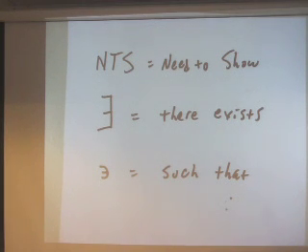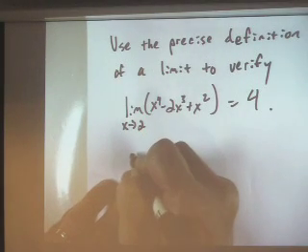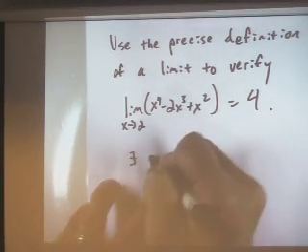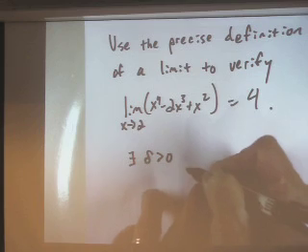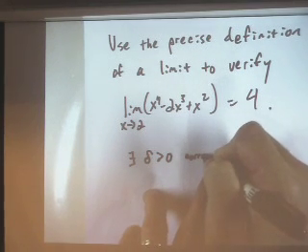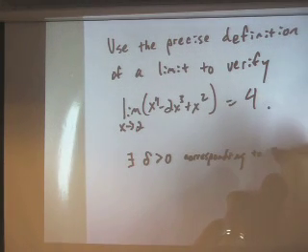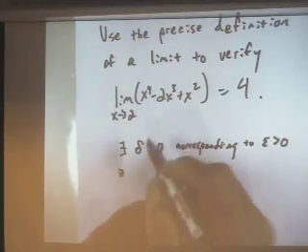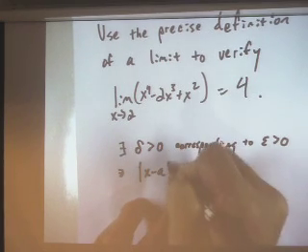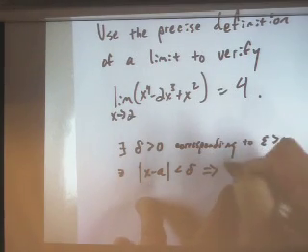If we're going to use the precise definition of a limit to verify this, we need to recall that there exists some delta that's positive, corresponding to some epsilon that's positive, such that this expression implies this expression.